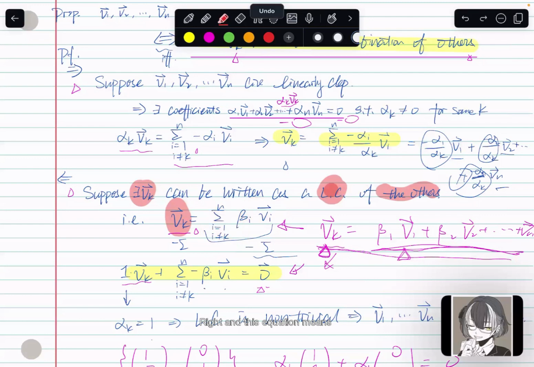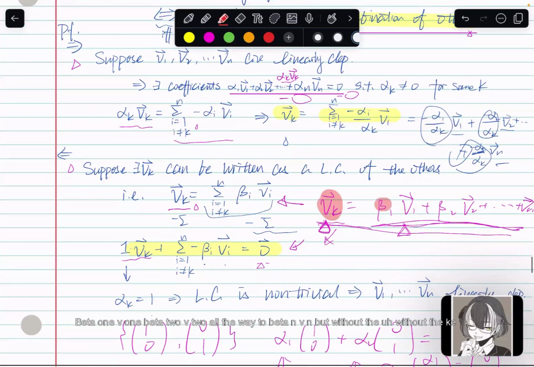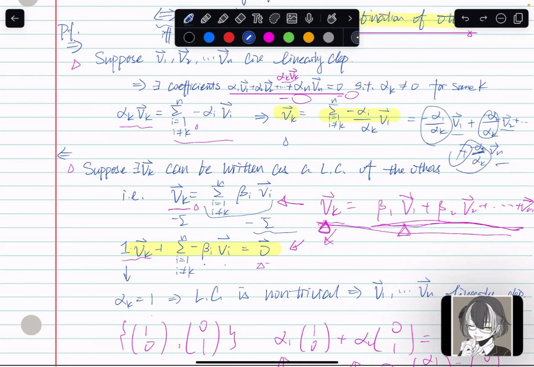Right. And this equation means we write vk as beta 1 v1, beta 2 v2, all the way to beta n vn, but without the vk.